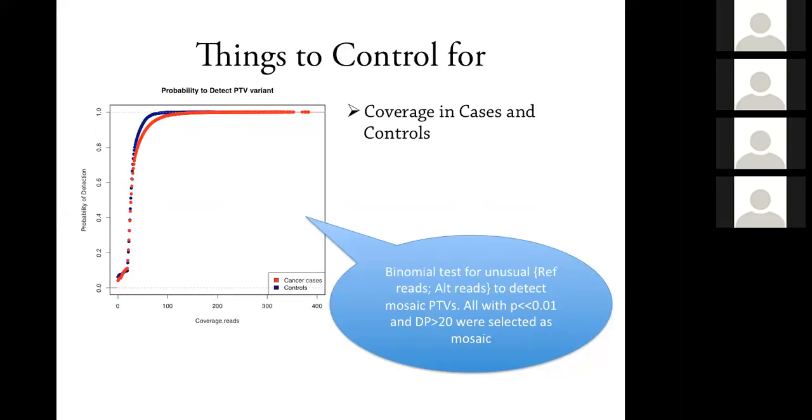And even besides that, we observed that controls are slightly better covered than cases, and that's why we adjusted for any coverage differences, and we also use the coverage as a covariate in our case control analysis.